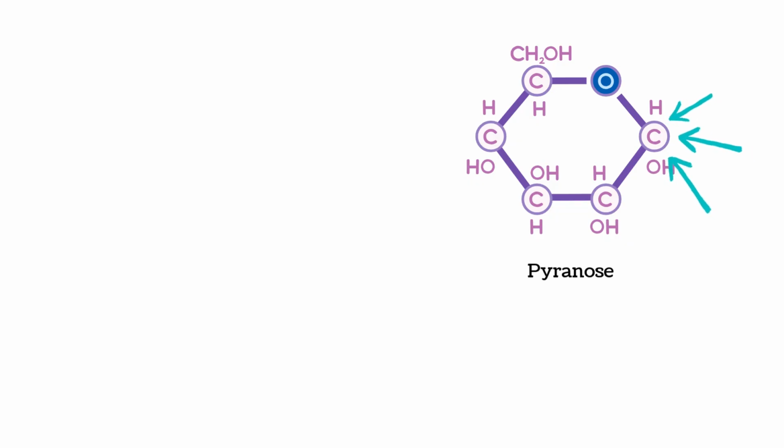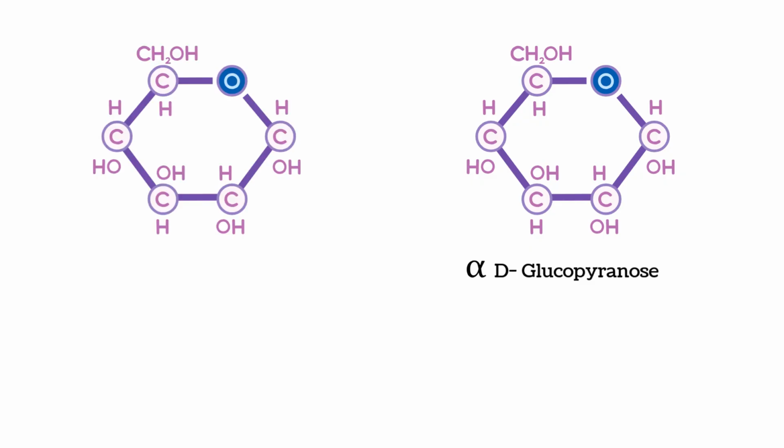Therefore, it stays a pyranose ring. So we name it alpha-D-glucopyranose. Now, we attach the donor. The donor is linked to the 4th carbon of the acceptor through oxygen. So we name it 4-O-alpha-D-glucopyranosyl.